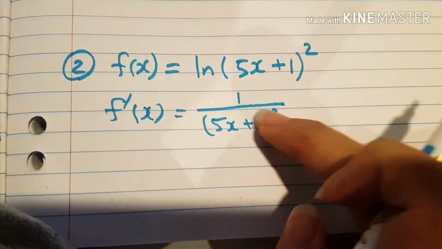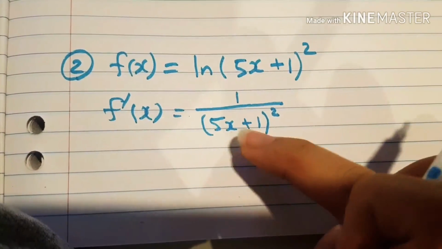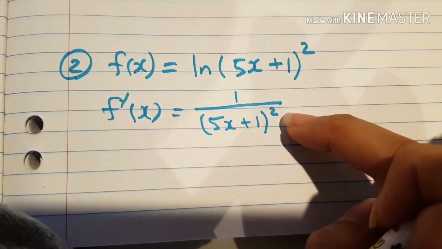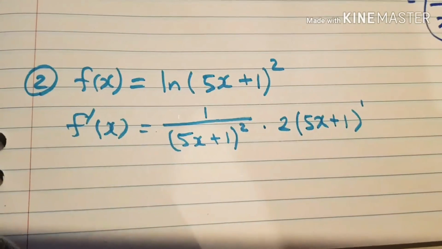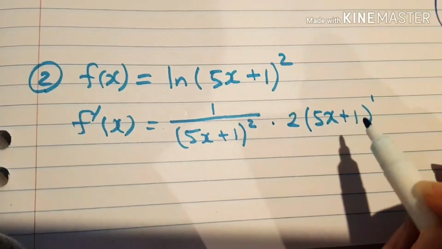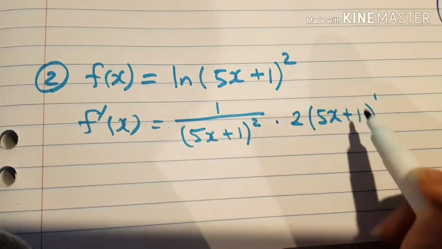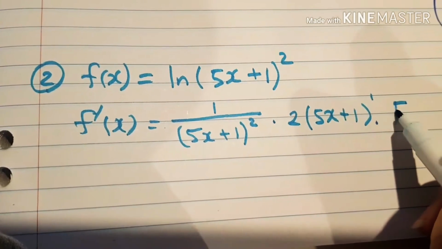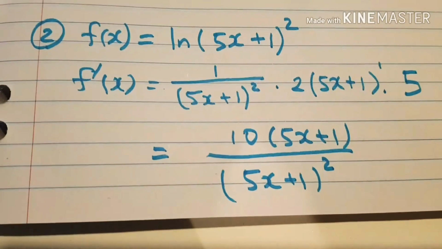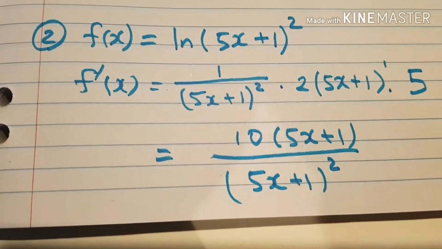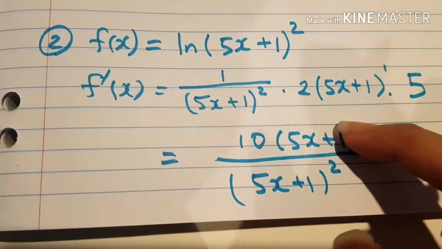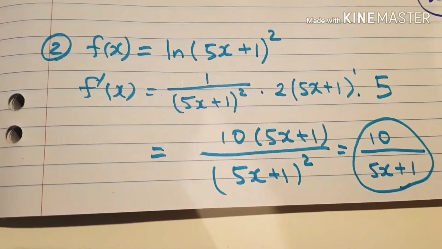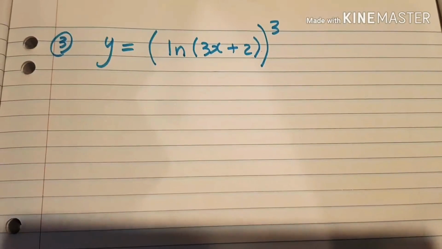I need to differentiate what's in here, but 2 comes down, minus 1 to the power, leave the bracket as it is. And again, since I have a bracket, I need to differentiate this, which is 5, and multiply next to this. So if I multiply, I'll get that. I have the same thing in the bracket, so I can simplify. And this will be your final answer.